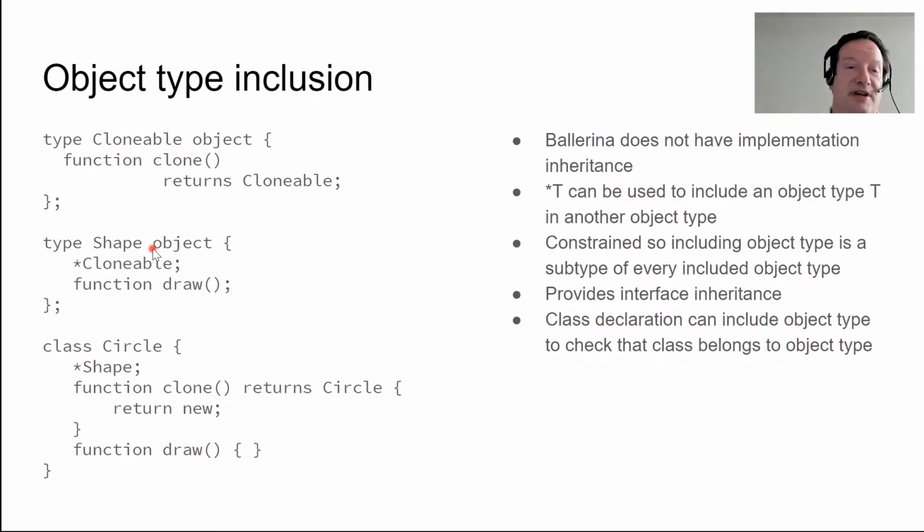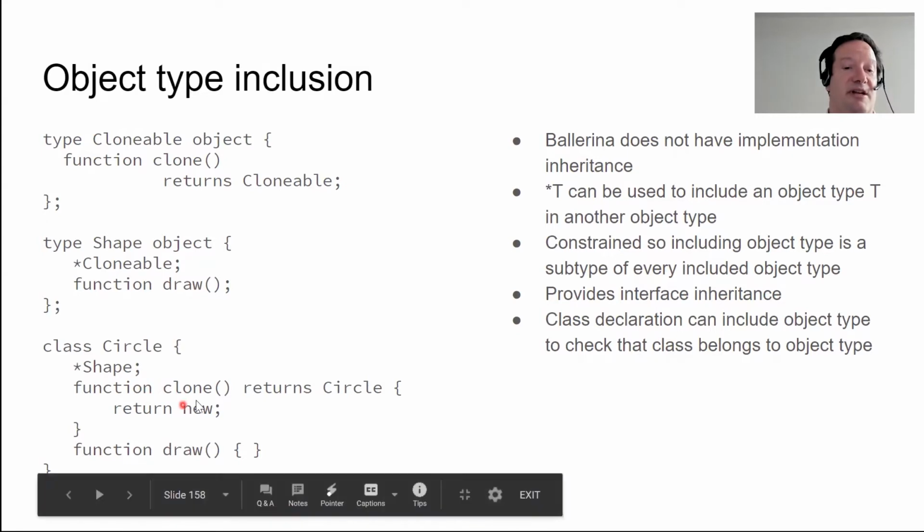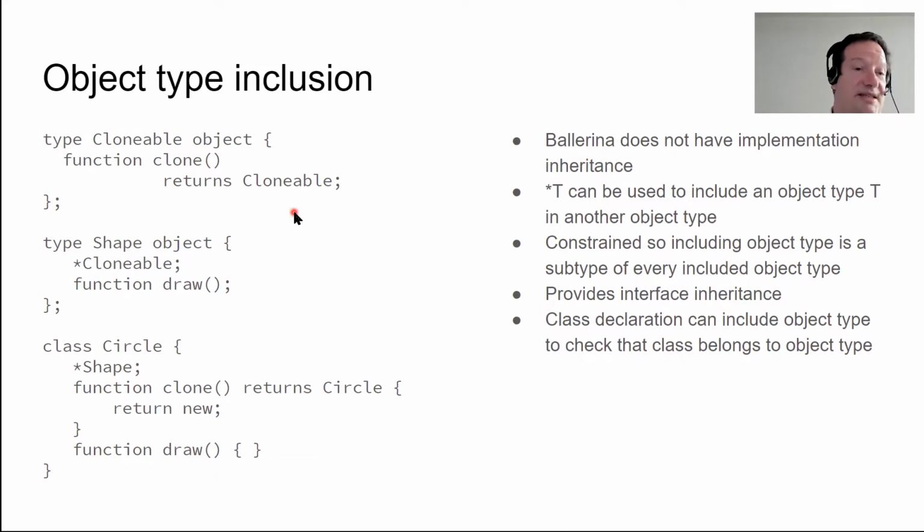So note that Ballerina doesn't have implementation inheritance. You never copy implementation, you just copy types. So what we're doing here is we're copying in the types, and then we provide implementations. And this checks for us: if we hadn't defined a clone, or we defined clone in a way that wasn't a subtype of clone here, that would get us a compile time error.